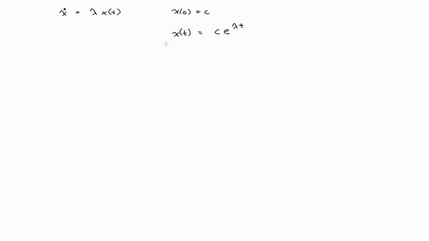So we know that this solution will only be stable if the real part of lambda, because lambda in general could be an imaginary number, is less than or equal to 0. Right, so lambda has to be a negative number for this to not grow to infinity, right?